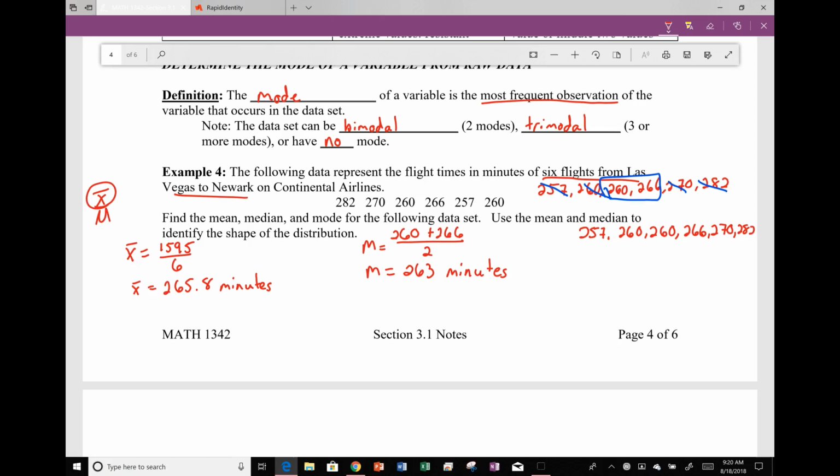Well, looking at this data, 260 occurs twice, everything else just occurs one time. Therefore, the mode of this data is 260 minutes. We have now found all three of the measures of center for this particular data set.